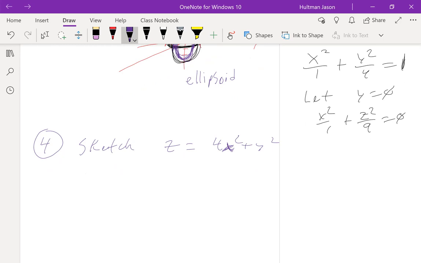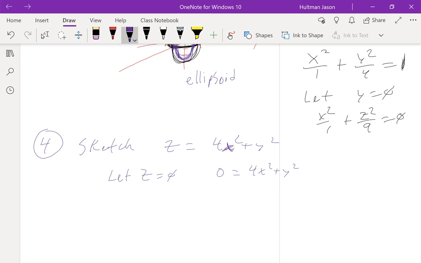Well, let's let z equal 0. So we get 0 is equal to 4x squared plus y squared. That's kind of interesting. Somebody have a question?